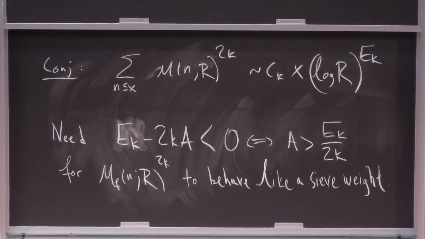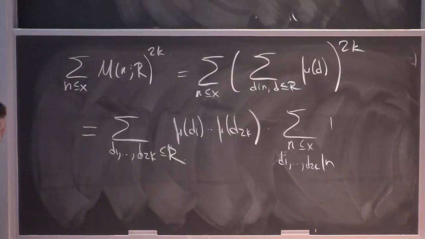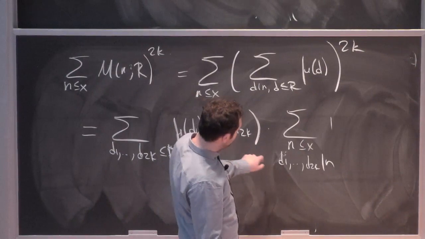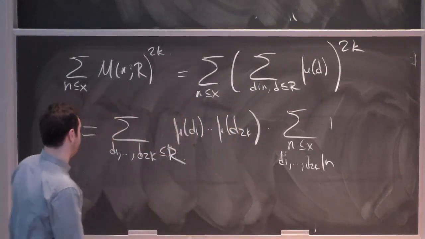And now if I open the 2kth moment and change the order of summation, then we have this summation over 2k variables up to r, and then we have mu of d of each one, and inside we have an easy quantity.